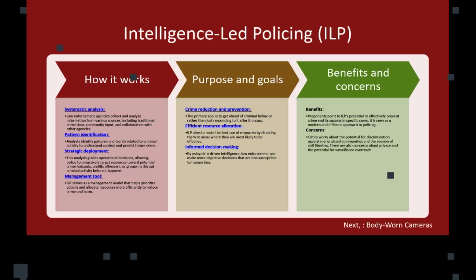It shifts focus from simply reacting to incidents to anticipating criminal activity by identifying patterns, high-risk offenders, and crime hotspots, though critics raise concerns about potential for overreach and civil liberties.